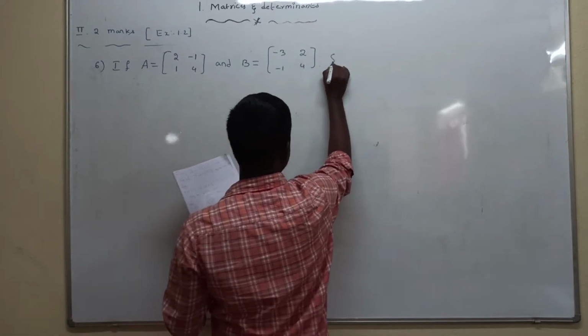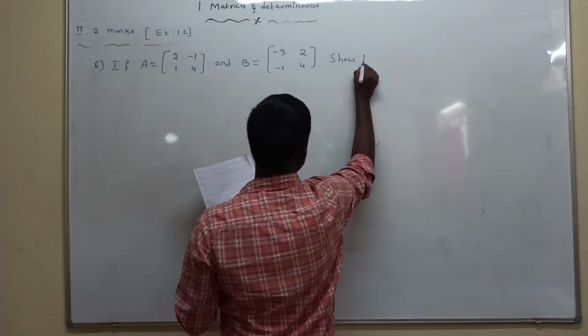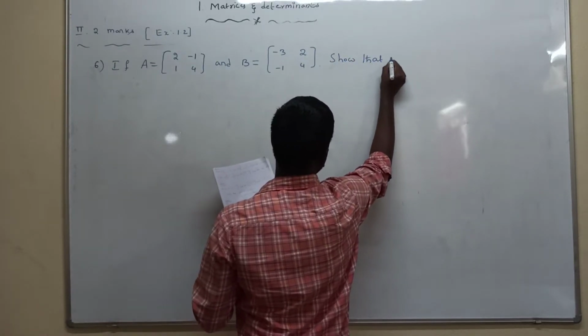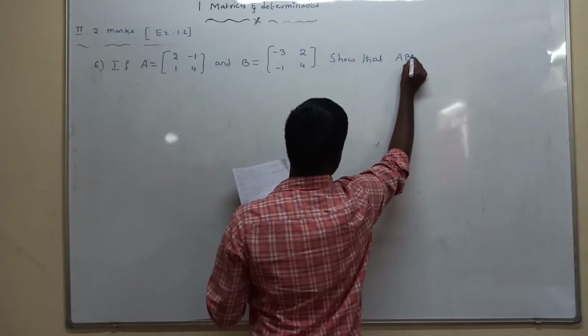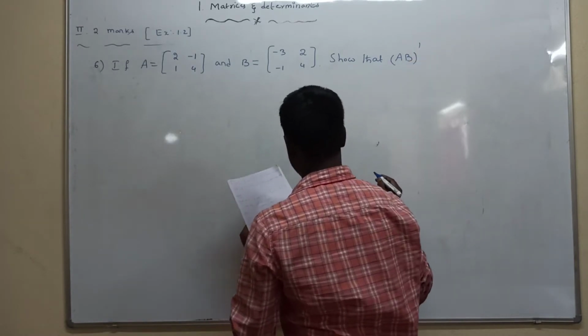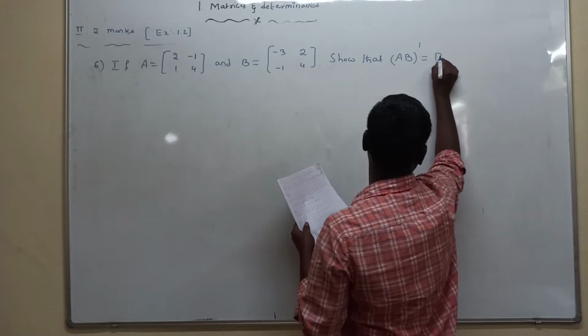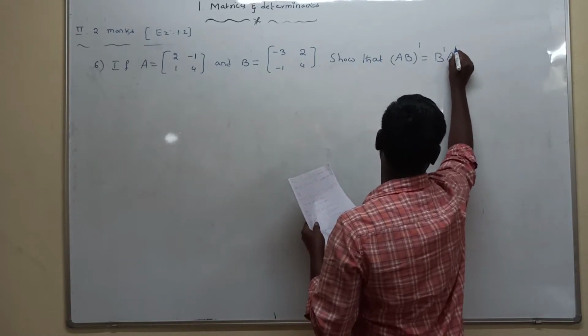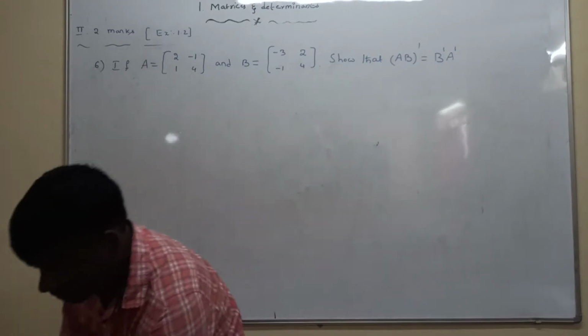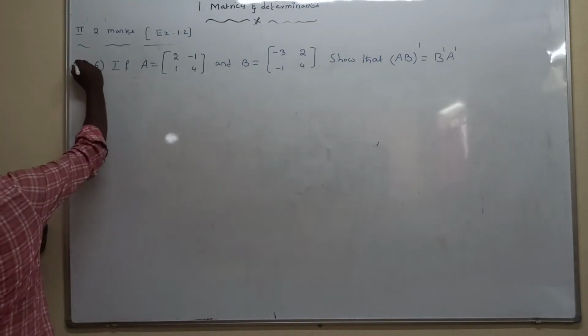Verify or show that (AB) whole transpose is equal to B transpose A transpose. This type of question is very, very important for the final exam, a 2 marks question.